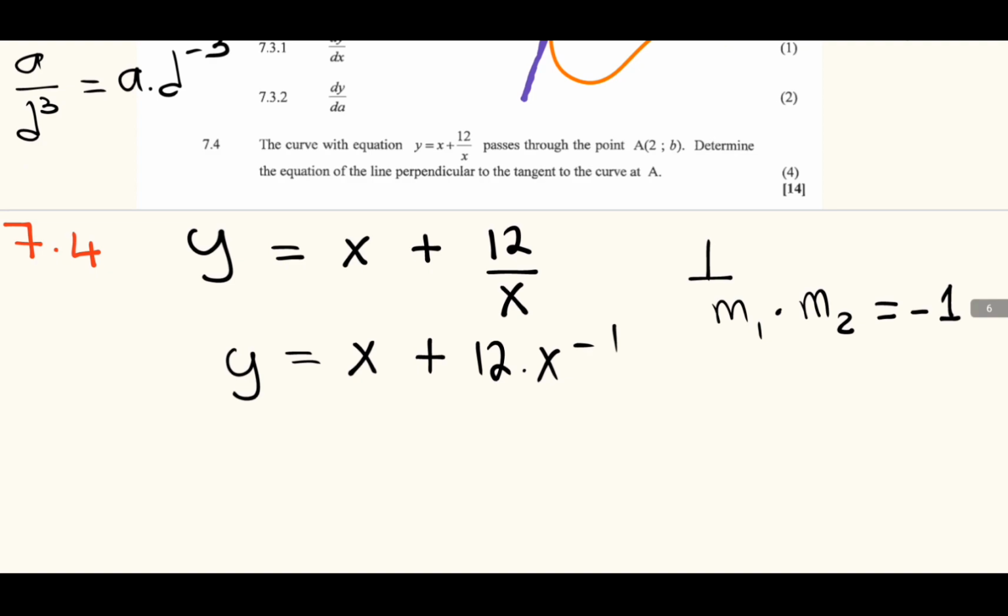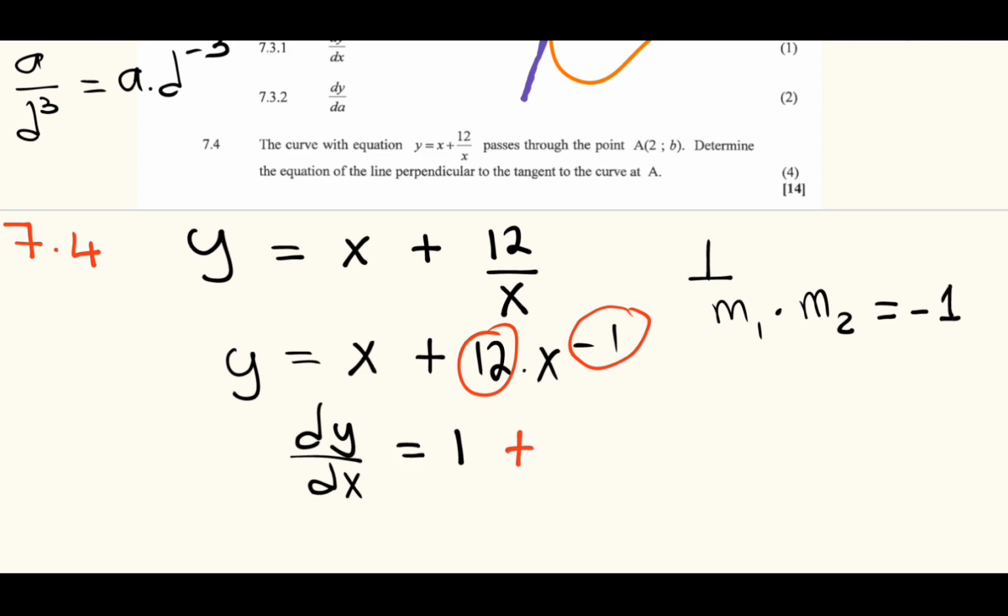So we know that when we find dy over dx, we are looking for the function of gradients. So the derivative of x will be equal to 1. The derivative of 12 multiplied by x to the power -1 will be equal to, we multiply this -1 from the exponent with that 12 from the coefficient.